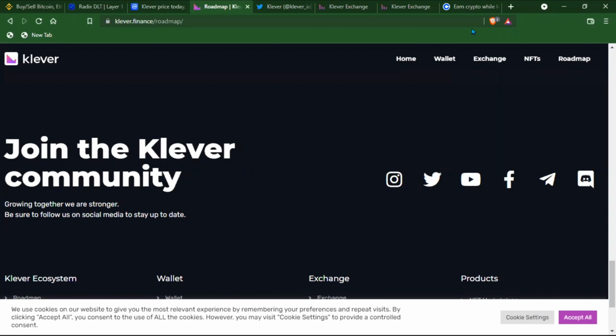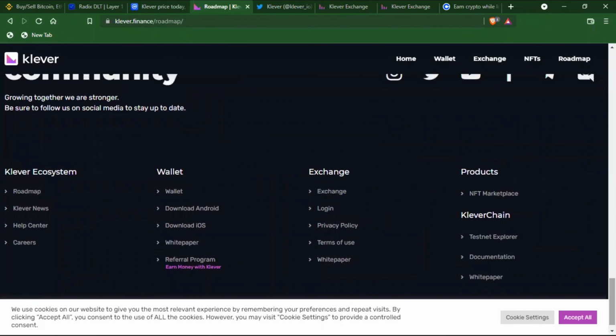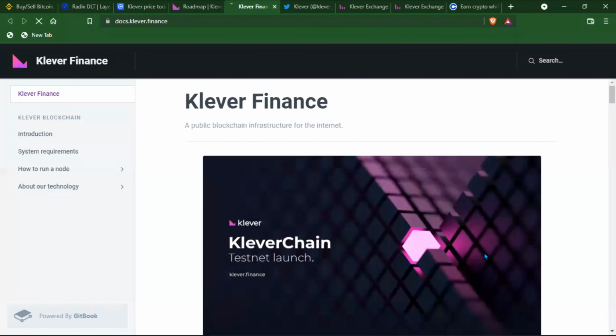So currently they have their wallets, they have their exchange, NFT platform, and then there are so many partnerships going on as well, which we can get to. Yeah, the NFT marketplace, the testnet explorer, documentation, and all of that. And then you get to see the project owner, like the CEO.